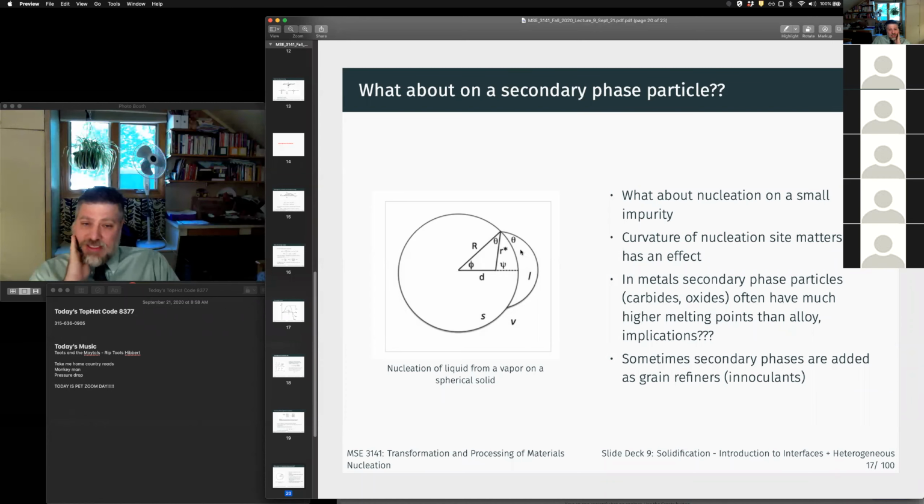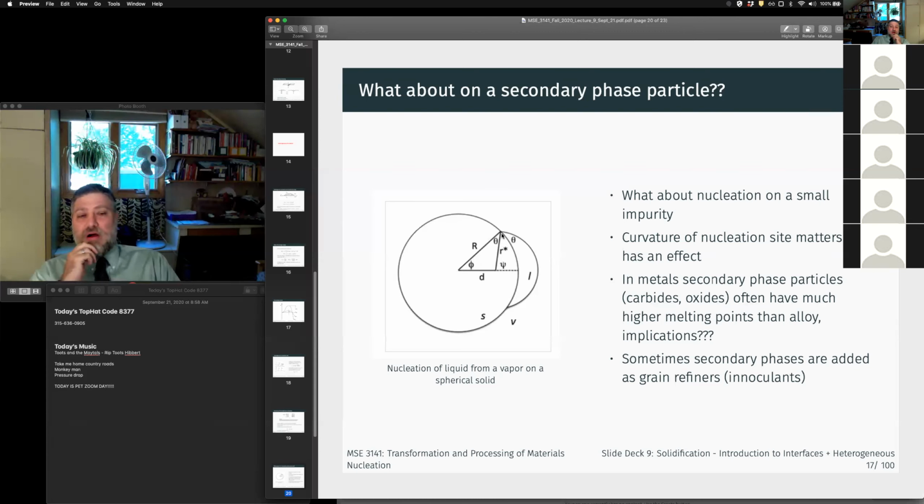But we can see that this is the surface area that we need to create by the interface, and it's larger than if this were flat, right? If we drew a straight line flat across here, we can see that we actually have a larger amount of surface energy. So the activation barrier to nucleate on a small spherical particle is going to be larger than by nucleating on a flat surface.